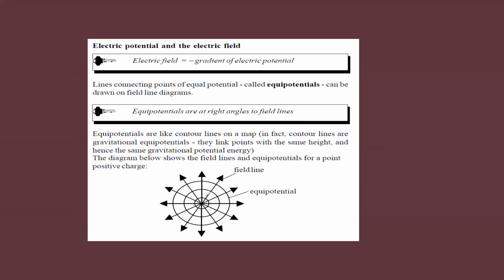For example, if a charge is at point A and we did 30 joules of work, all these surfaces represent the equipotential, meaning the same potential difference between them. This is surface 1, 2, 3. Moving from surface 1 to surface 2, if the work done is 30 joules, then moving from surface 2 to surface 3 is also the same.